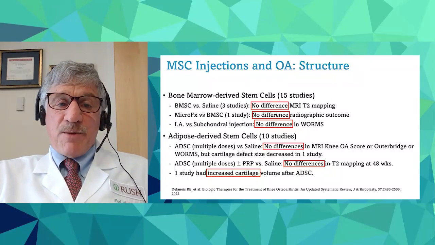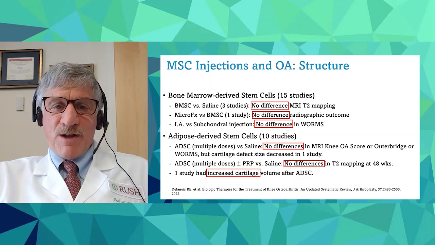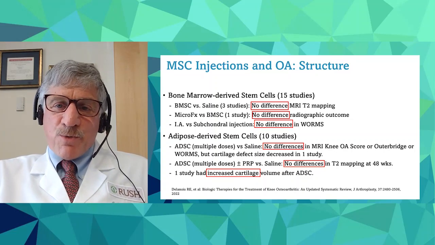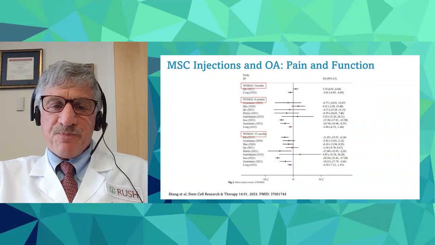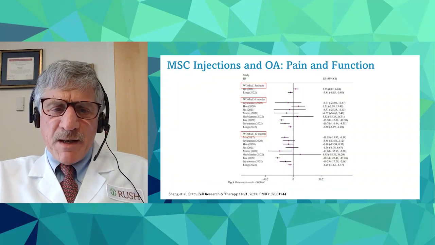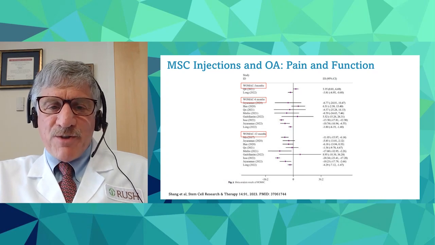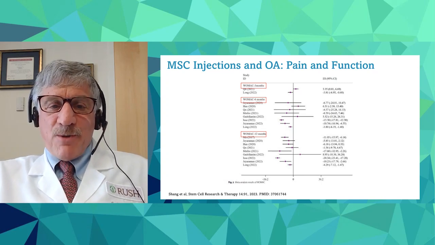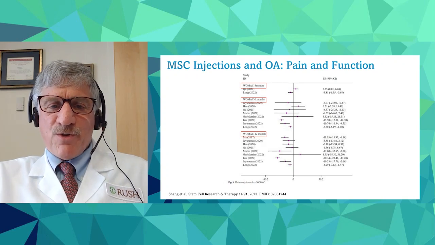And so it appears that we're not getting much structure benefit, much cartilage regeneration benefit. But most important point for most patients is pain. How are we doing with pain? Well, a meta-analysis in 2023 revealed that there was no clear evidence of pain advantage above placebo at any time frame, at 3 months, 6 months, or at 12 months.